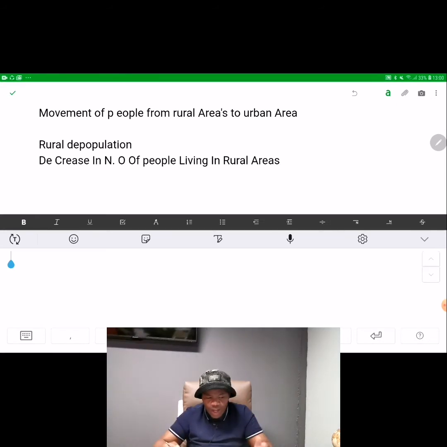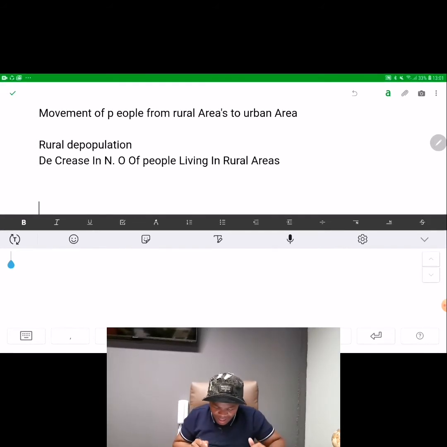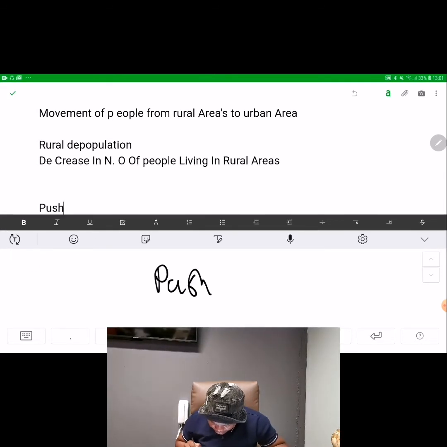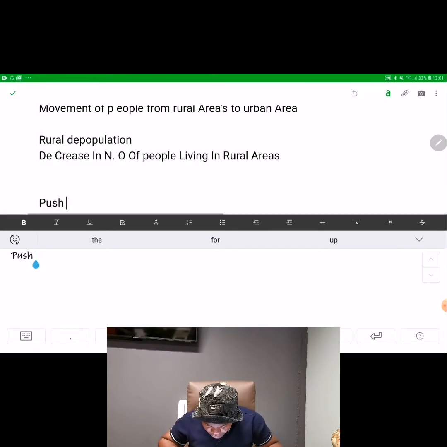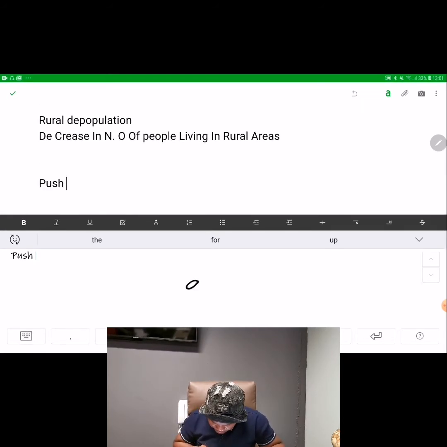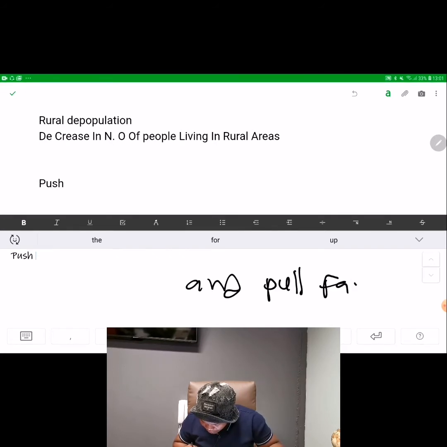Again, let us look at the main reasons for rural-urban migration. We will be looking at two terms: the push and the pull factors.